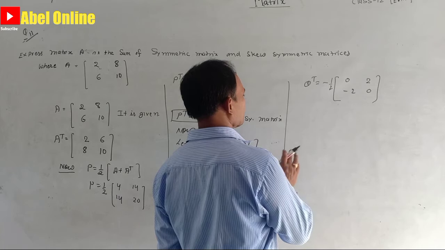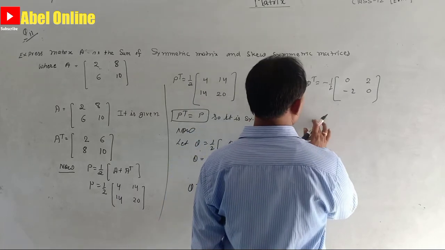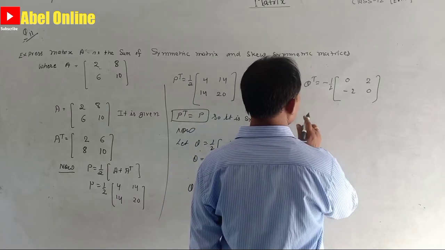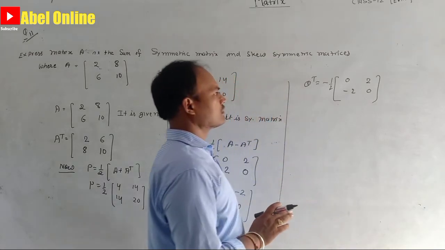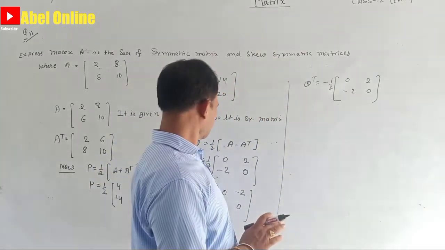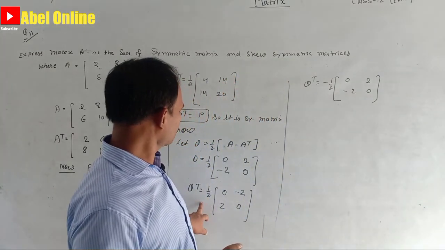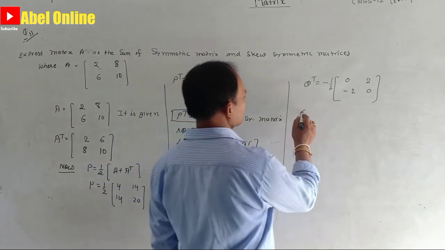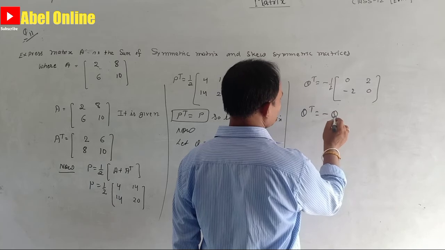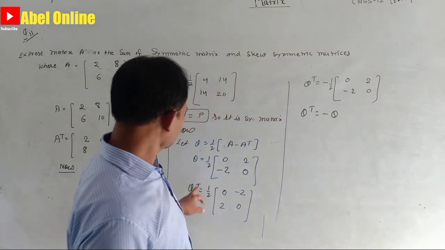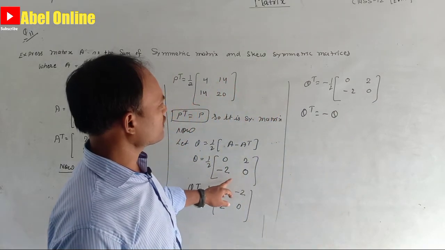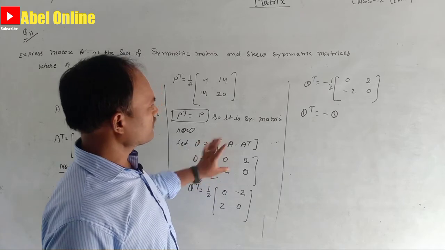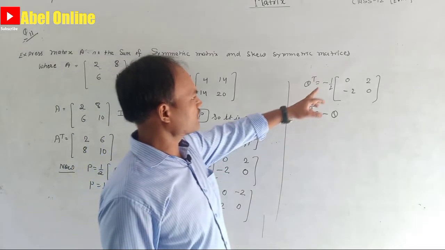Now it is P transpose and it is Q transpose. Q transpose is 1 by 2 times 0, minus 2 and take minus, so we can say that Q transpose equals minus Q, because what is Q? Q is 1 by 2 times 0, 2, minus 2, 0, it is the same with a negative sign.